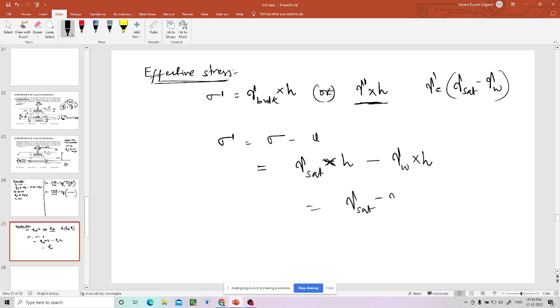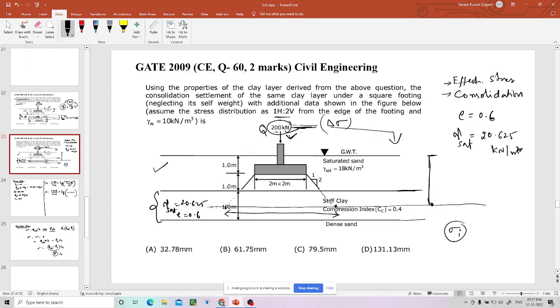Gamma sat minus gamma W into H. If you directly deduct unit weight of the water from the unit weight of the saturated soil, you will directly get what is called gamma submerged. If you multiply gamma submerged by height, you will get effective stress. So directly, instead of doing total stresses and pore water pressure, we will multiply gamma dash with H. That is what we will do here now.